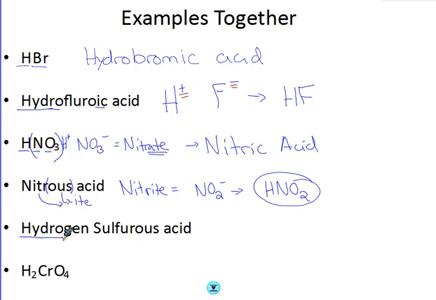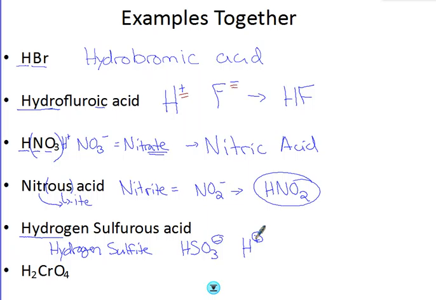Hydrogen sulfite is HSO3. That's the anion, okay? And to make it an acid, I mix it with an H plus. They balance each other out, 1 to 1, okay?